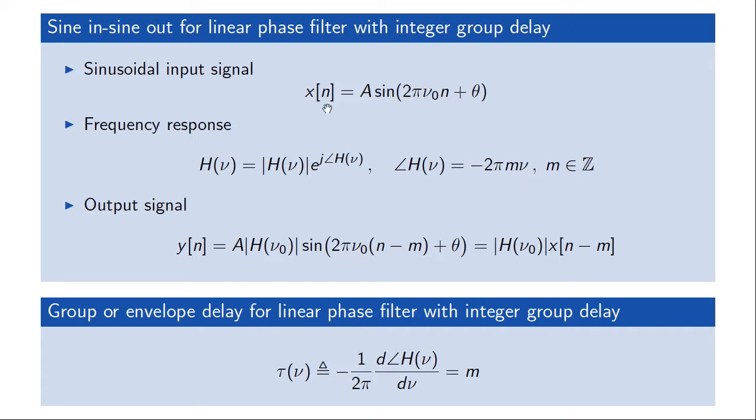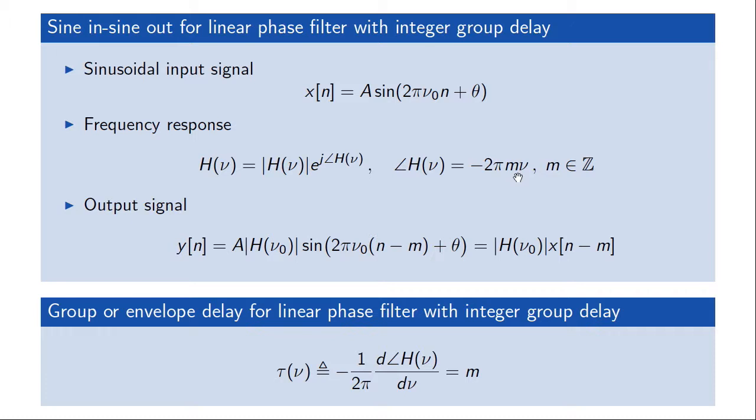So we still have an input signal, which is this sinusoidal signal like before, and we can write the output signal as we saw with an amplitude changed by the absolute value, but we could incorporate this change in the phase into the time variable here. So the output would be simply a scaled version of a time-shifted copy of the input signal, where the time shift would be exactly this value m, which appears here in the phase.